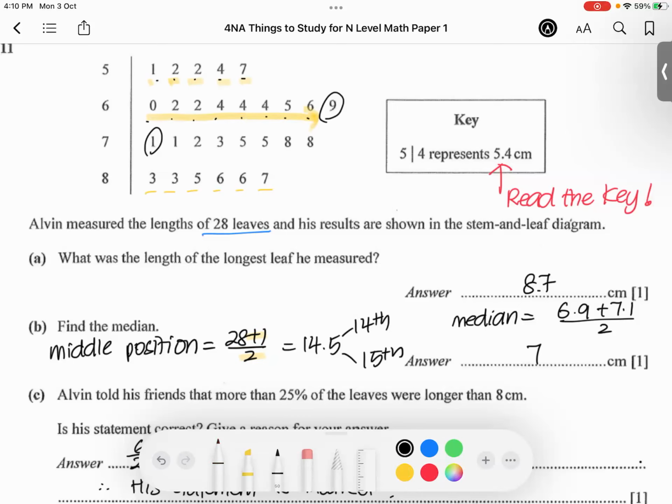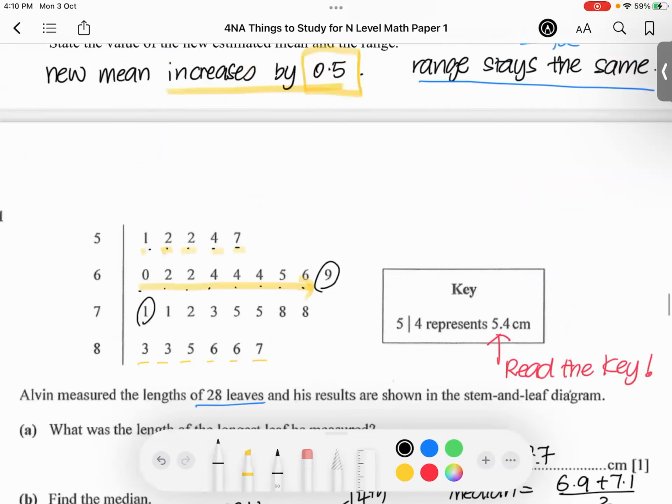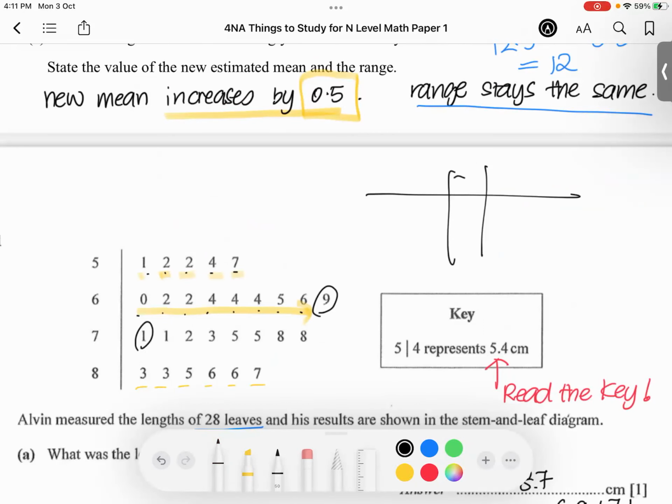Okay, if you have a back-to-back stem and leaf diagram, this is your stem. For the numbers here, they will be 1, 2, 3, 5, 1, 1, 3, 3, 7. Numbers like that, you need to count from the stem outwards.